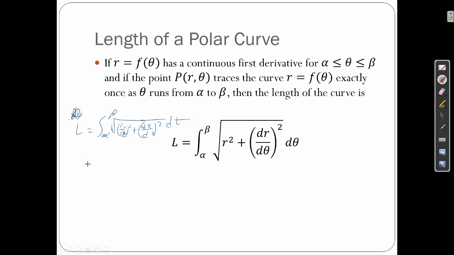Well, in this case our parameter is theta, so this becomes the integral from alpha to beta of the square root of dx d theta squared plus dy d theta squared.